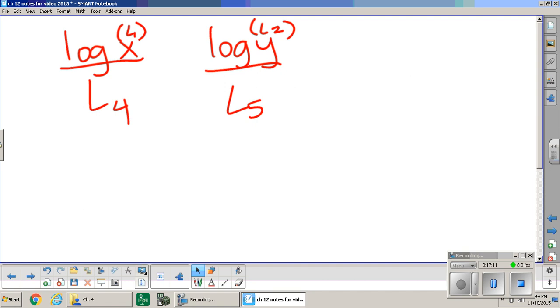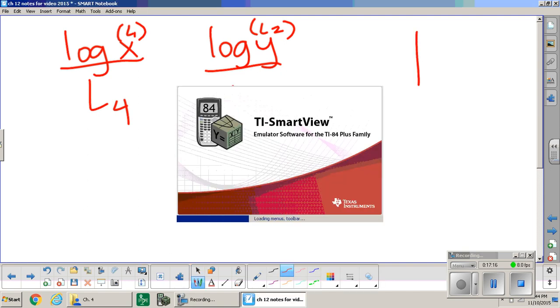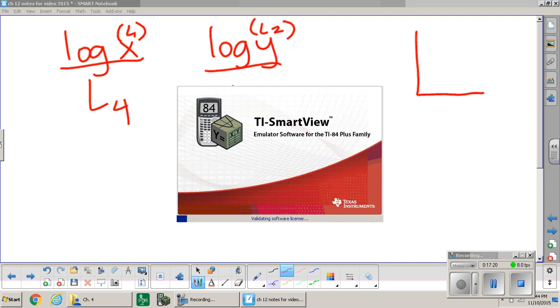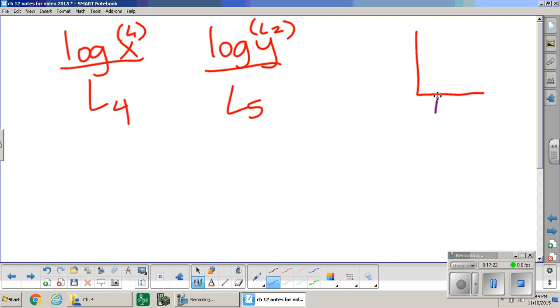While we're waiting for the calculator to open, what two lists, or what two axes are we graphing this time? Very good. Pay close attention. Log x. This is the first time we're graphing something where the x-axis is not x. It's the log of x's, and the y-axis is the log of y's.